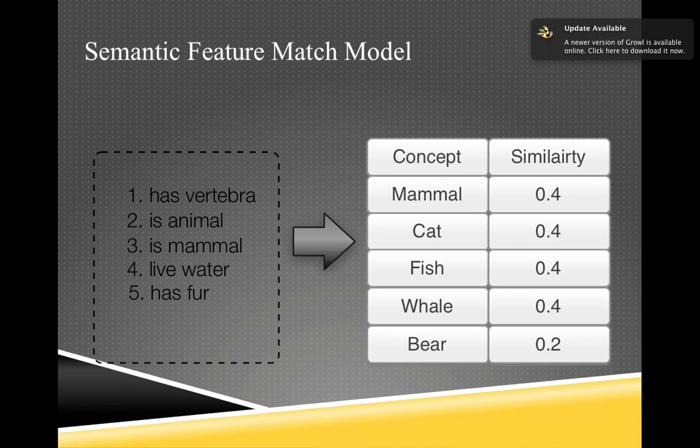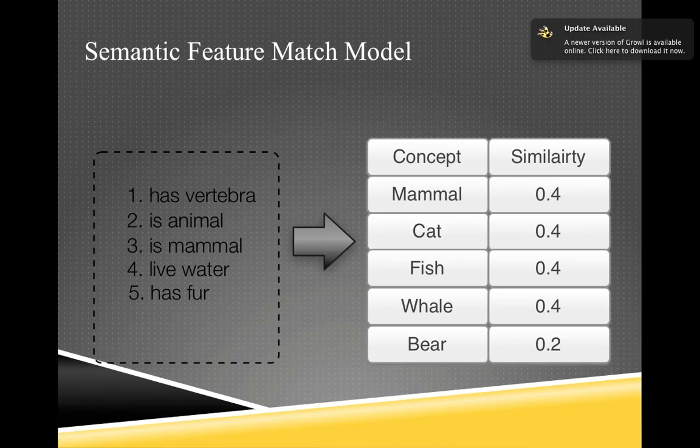There are about 5 concepts here. One is mammal, the other one is cat, then fish, whale, bear. For the mammal, you can see from the text that there are 2 semantic features for them. So use 2 divided by 5, you can get 0.4 similarity. For cat, fish, whale, and bear, you can calculate each separately and then get the similarity list on the right here.